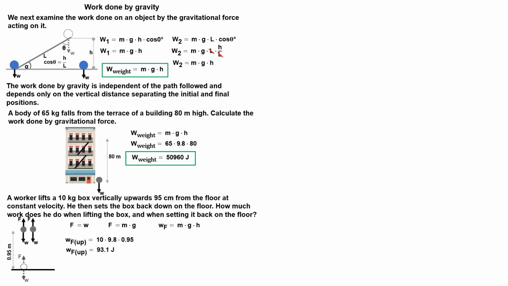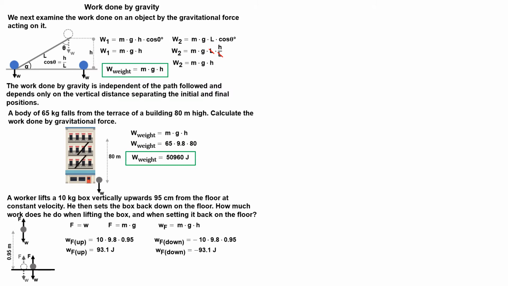When the worker sets the box back down on the floor, the force F acts in the opposite direction to the displacement, so the worker does negative work. The worker does minus 93.1 joules of work when setting the box back down on the floor.